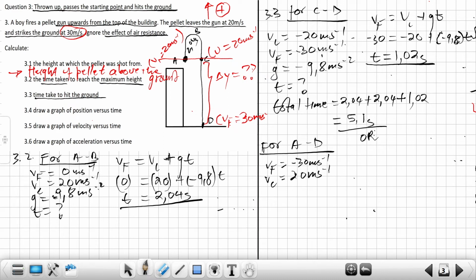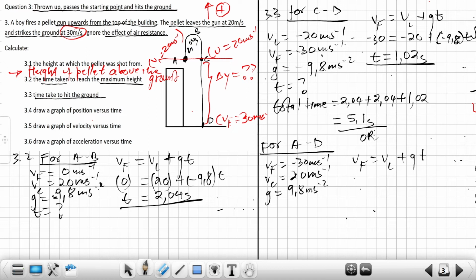And then my g is 9.8 meters per second squared. Then I can easily use the same equation again. VF is equal to V initial plus now gt.